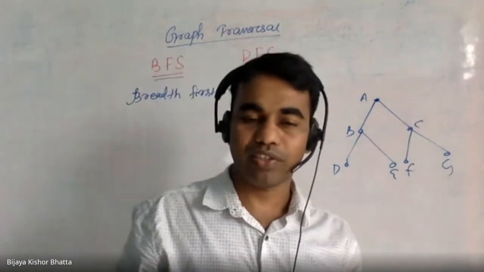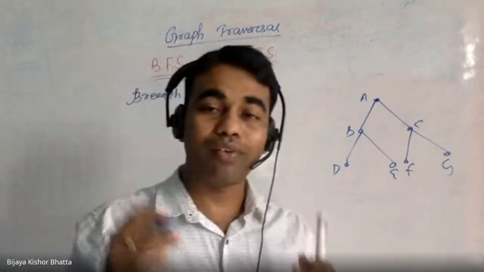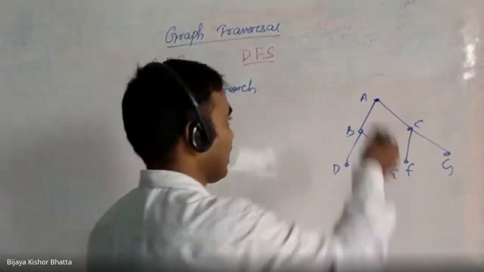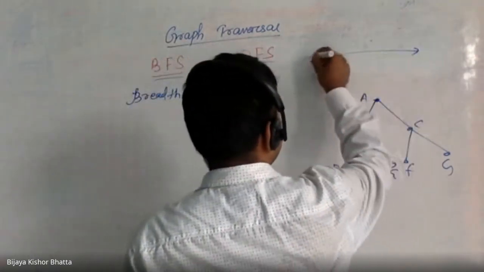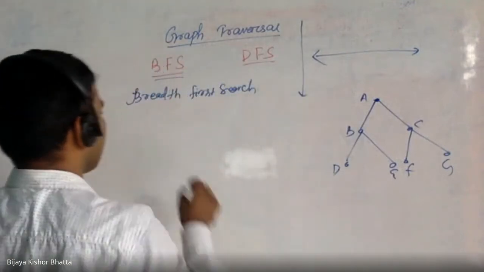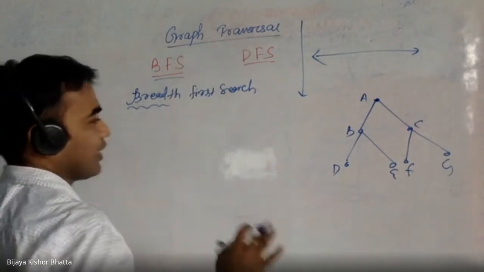So what is this breadth first search? Its name represents its meaning. We need to cover the vertices breadth wise, not depth wise. This is the breadth, and this is my depth. So BFS means we need to traverse the vertices breadth wise.